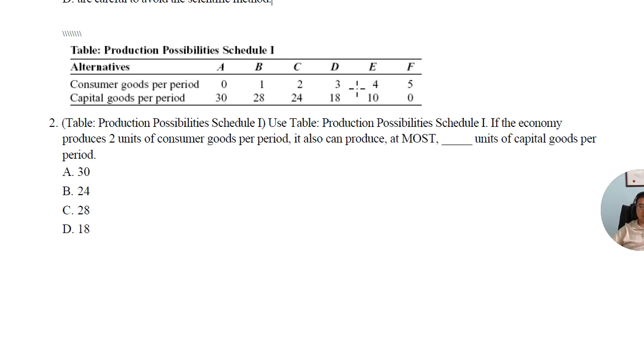Of course, if we produce 4 units of consumer goods per period, then at most this economy can produce 10 units of capital goods. Okay, it cannot produce 4 units of consumer goods and 18 units of capital goods. By itself, it cannot do that.